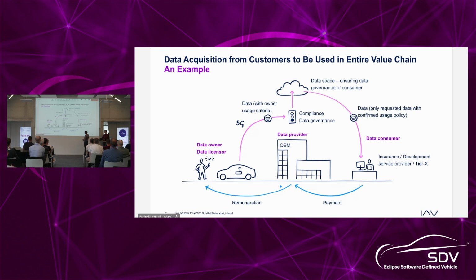And we as the engineering company are the data consumer, getting only the data we requested. And the data owner, the driver, has to be sure that the information he is sharing is only used for the purposes he has agreed to. And this is very difficult. So we need data governance to ensure this over the whole development chain. And this is the task of a Dataspace.